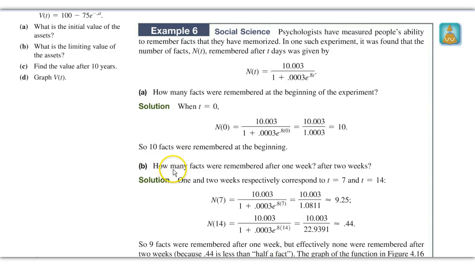Now, how about when t is 1 week, that is 7 days, and then later 14 days? Well, again, when you put that into your calculator, it ends up being not 10 anymore after 7 days, but let's say 9. And then after 2 weeks, you may have forgotten it all.